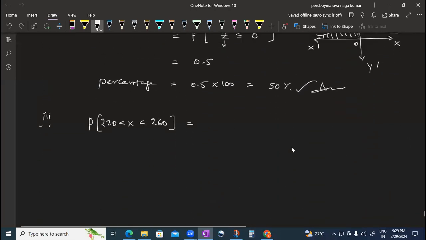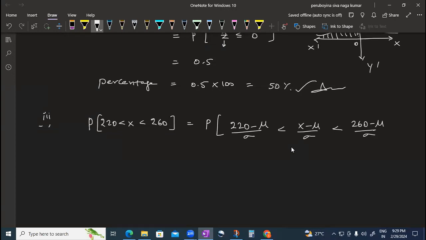Okay, now we will do the same procedure as we did in the previous questions. We will perform x minus mu by sigma. So probability of 220 minus mu by sigma less than x minus mu by sigma less than 260 minus mu by sigma.